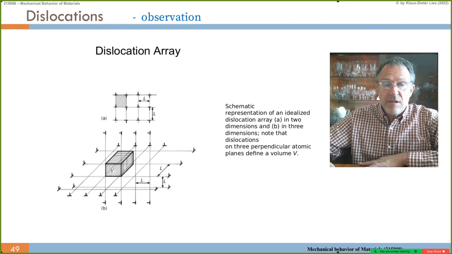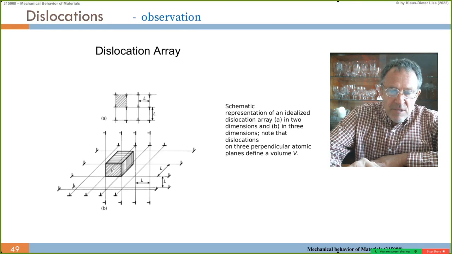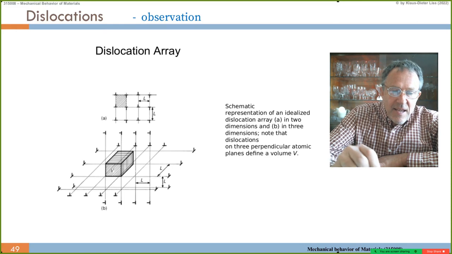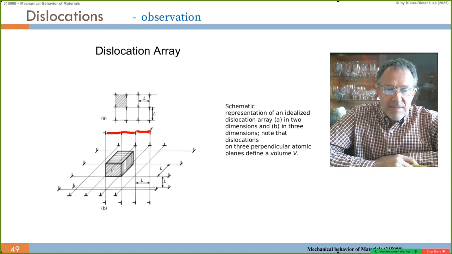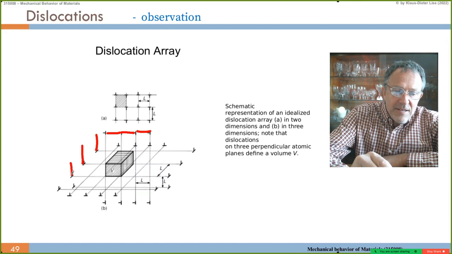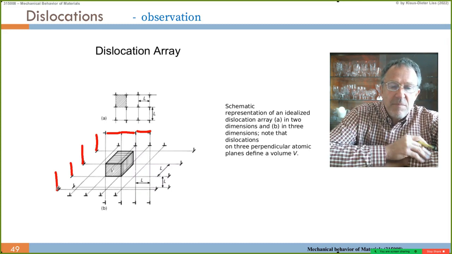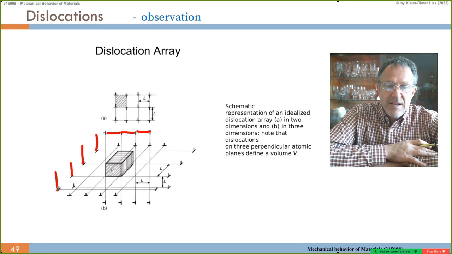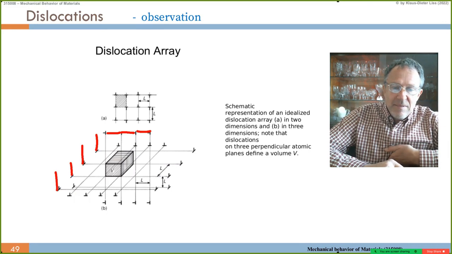We can have arrays of dislocations. So we will see later in this lecture, not today but next time or so, that the dislocations can line up in regular orders like this, on top of each other or next to each other in a very regular way, and can form these dislocation arrays. It's kind of a super lattice within the crystal lattice.